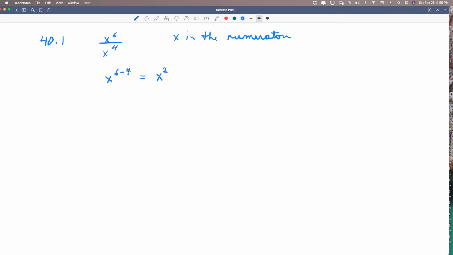Okay, let's do 40.2. So now we are asked to write all of these. It's the same problem, but we want to put x in the denominator.